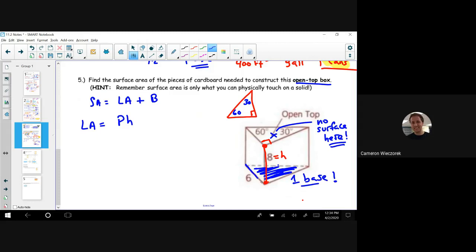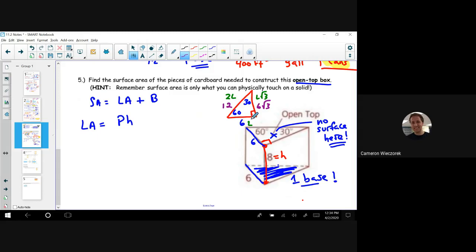Since this piece is 6 on the bottom and this face is a rectangle, this top opposite side also needs to be 6 across from the 30. Using my 30, 60, 90 rules, here's my L, here's my L rad 3, here's my 2L. I would know this has to be 6 rad 3, and this has to be 12.